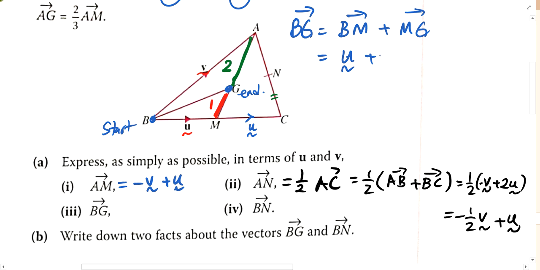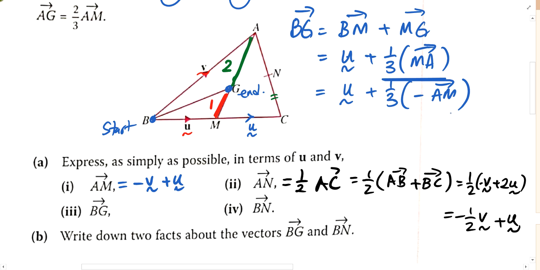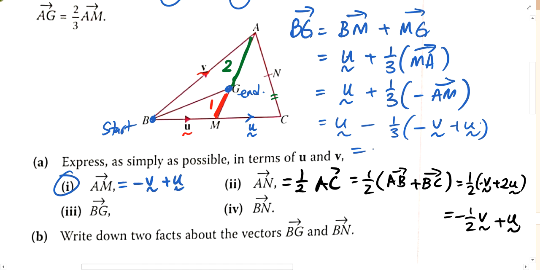MG is actually 1/3 of MA, right? Then MA, we didn't exactly find MA, but we know that it is actually negative AM, which was in part 1. Okay, so U minus 1/3, then you just substitute everything. Negative V plus U. So this gives me U minus 1/3 U is 2/3 U, then plus 1/3 V.